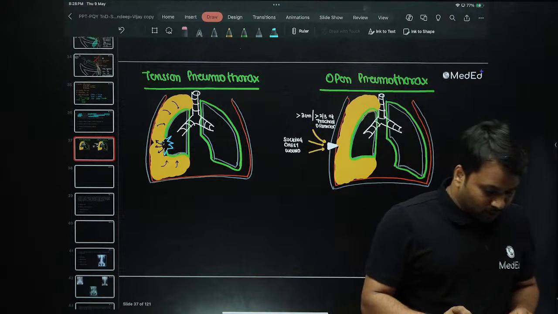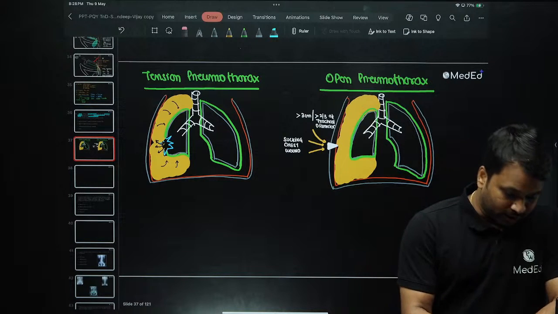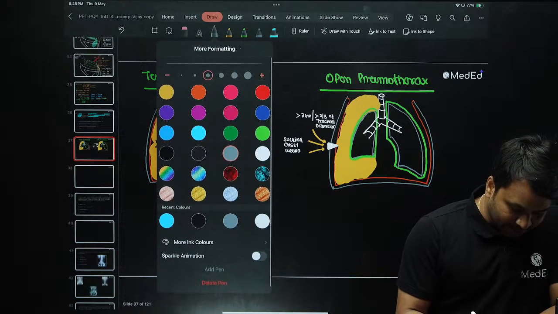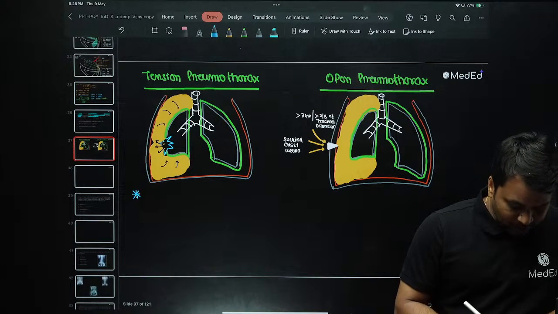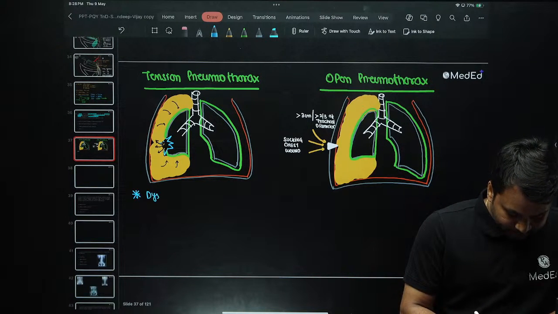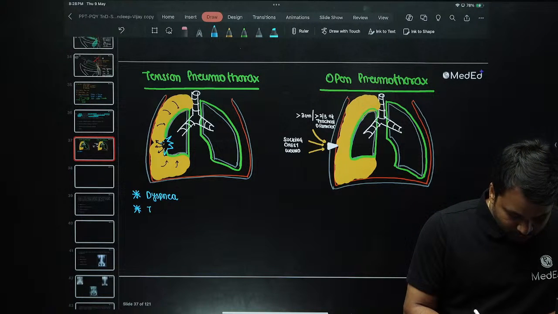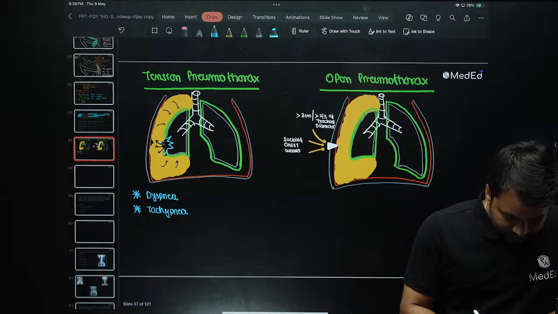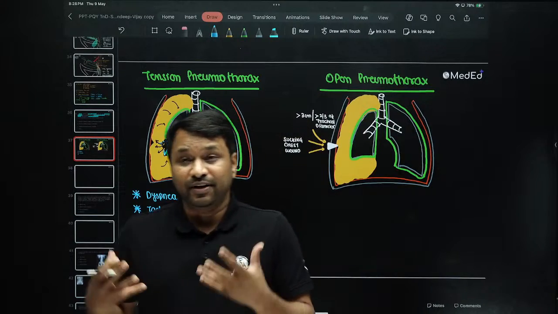Okay? Now, either way, when you look at the open or a tension pneumothorax, their presentation is going to be quite similar. The patient will present to you with dyspnea and tachypnea. Now, in the thorax there is negative pressure, but because of the air filling it is becoming positive.